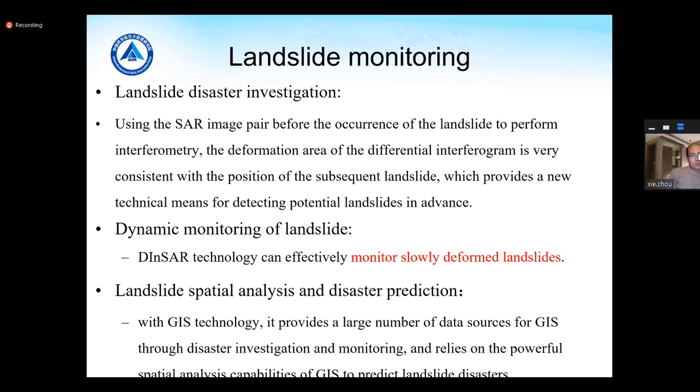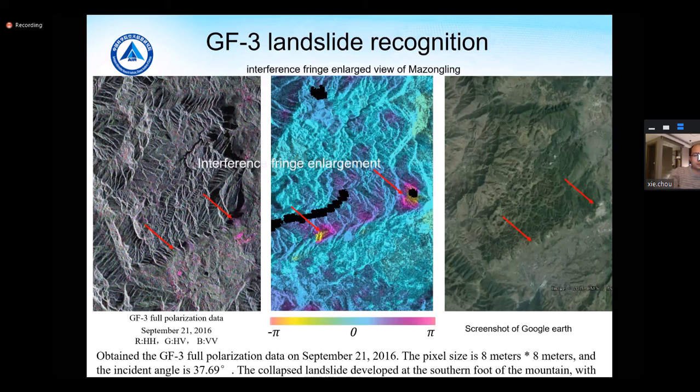But we should note that InSAR can only efficiently monitor slowly deforming landslides. With the assistance of GIS technology, it provides a large number of data sources for GIS through direct investigation and monitoring, and relies on the powerful spatial analysis capability of GIS to predict the landslide disaster.